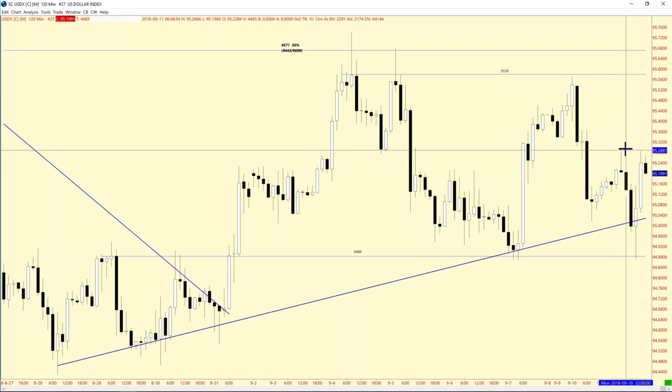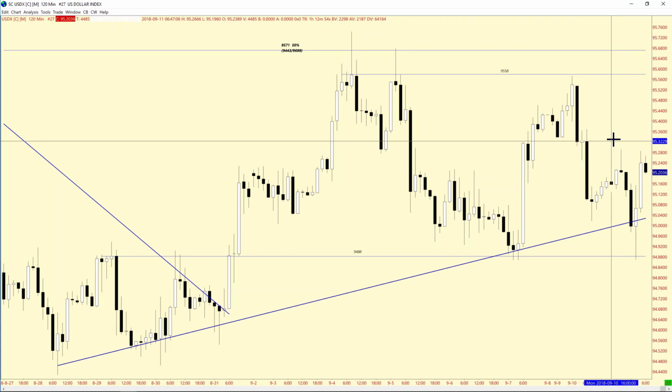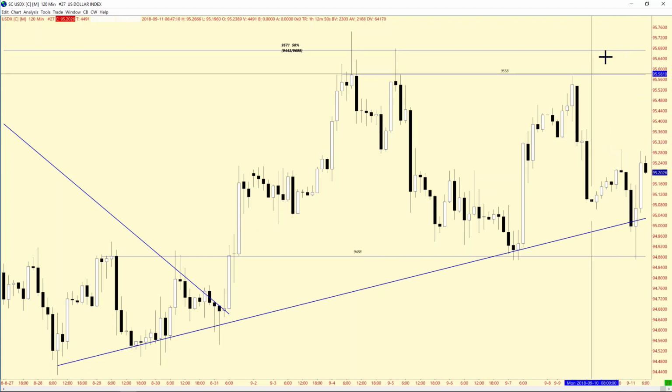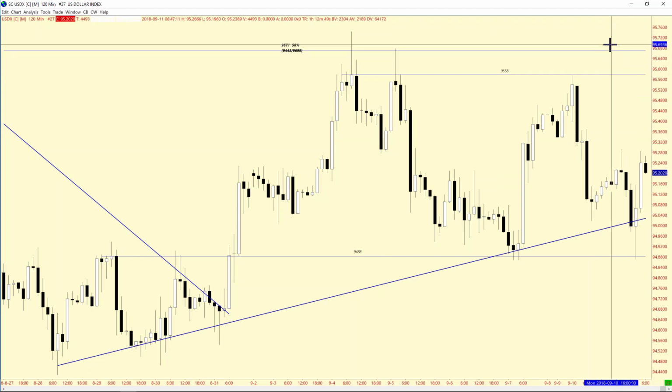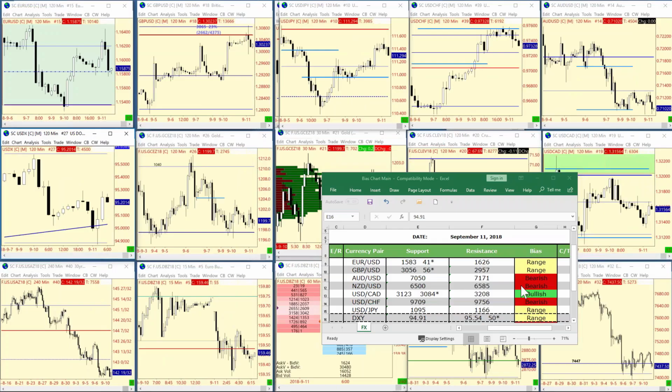I would think any moves above 95.32, people are going to start to get out of the way. Even blast, it certainly would behoove you to get out of the way and let the market run up and let it run out of steam. And if you want to challenge it higher at 95.56, fine, go ahead. But I don't think anybody's going to get in the way if we get above 95.32. So that's our resistance.